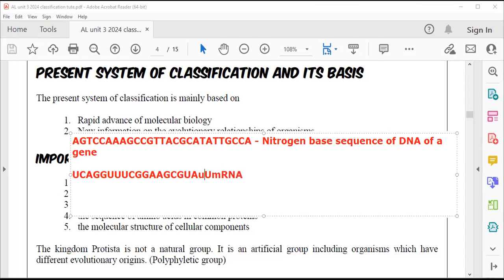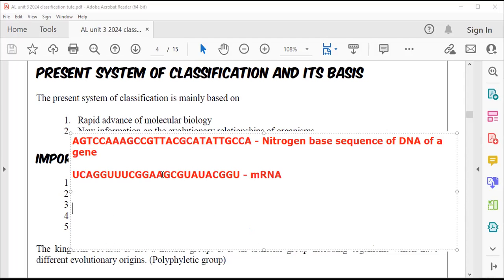Then TAT. Then TGC. T opposite A, G opposite C. Thereafter CA there, CA means GU. So this kind of an mRNA will be formed. Understood?